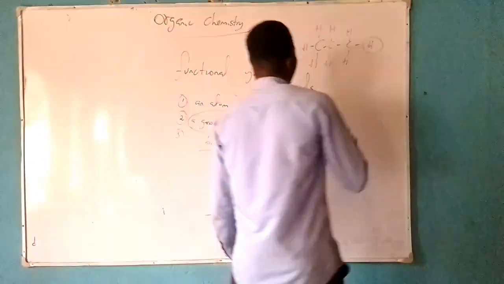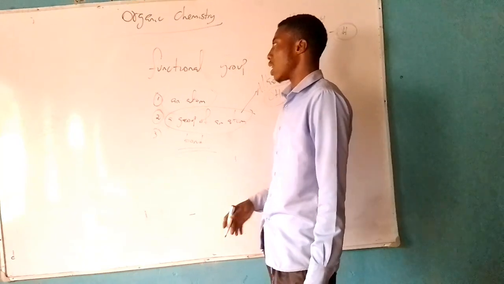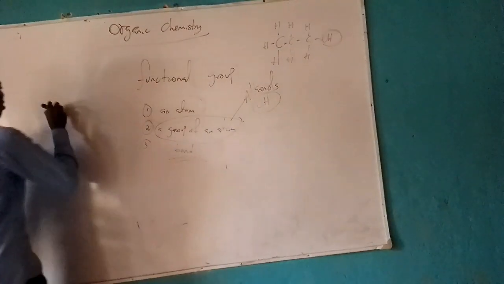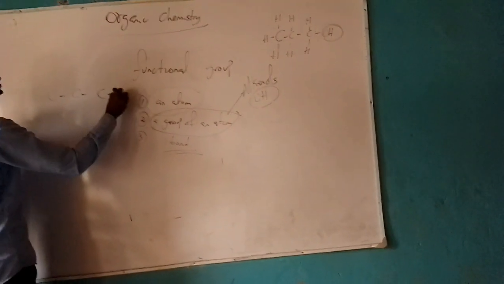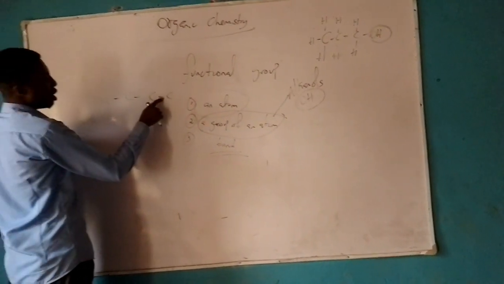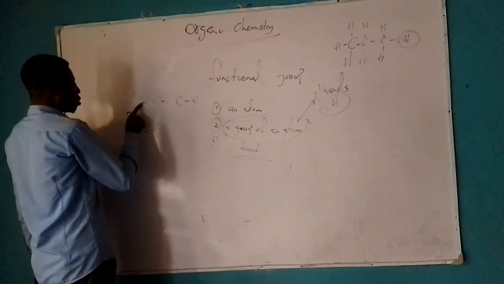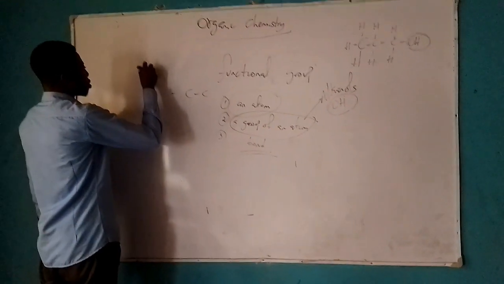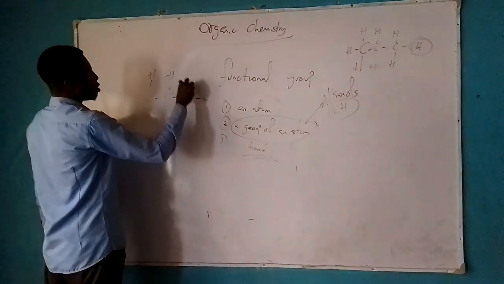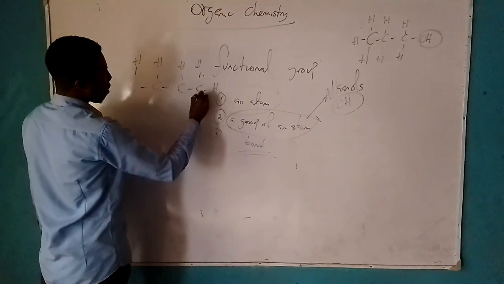For example, how can you know that this particular compound belongs to an alkane? You have something like this: C, C, C, C. What do you observe? One bond. This is a bond, this is a bond, this is a bond.